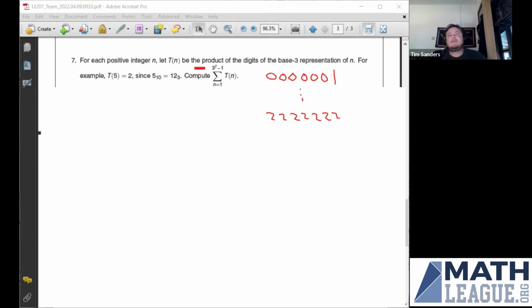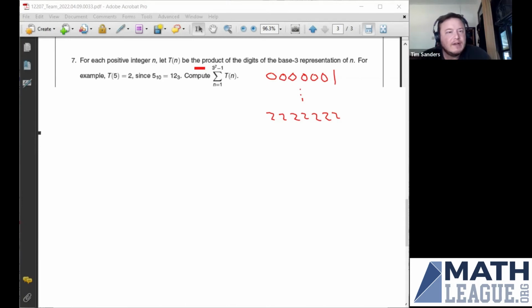All right, let's do casework. Let's start with the 7-digit numbers. When we talk about the 7-digit numbers, basically anything.